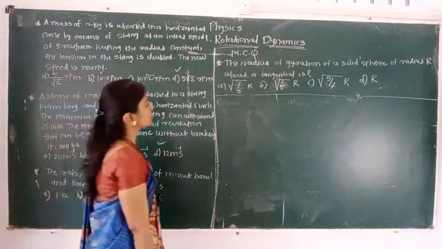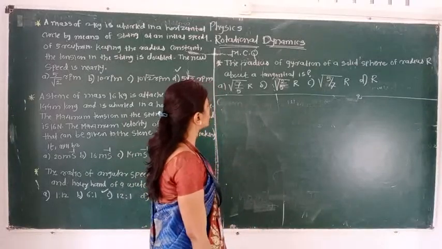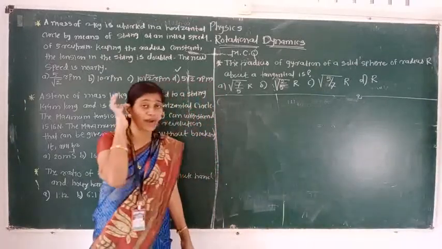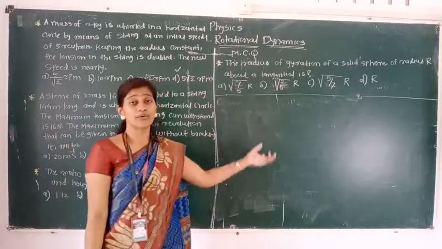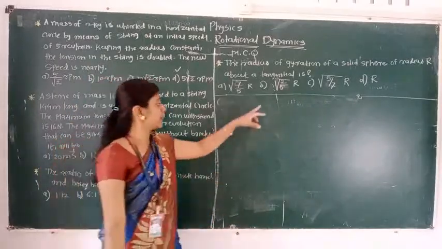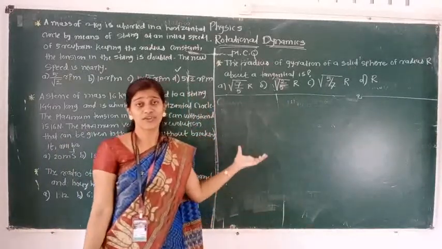Here, the radius of gyration of a solid sphere of radius r about a tangential axis is: we have to find out the radius of gyration of a solid sphere about its tangential axis. Tangential axis means it is just touching the surface of the solid sphere.